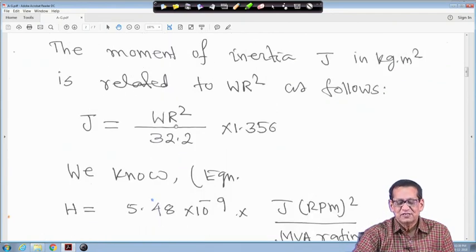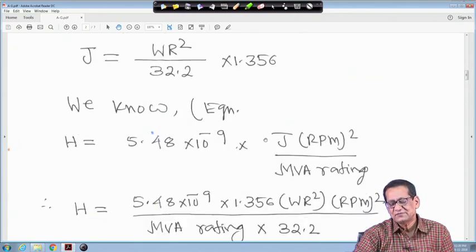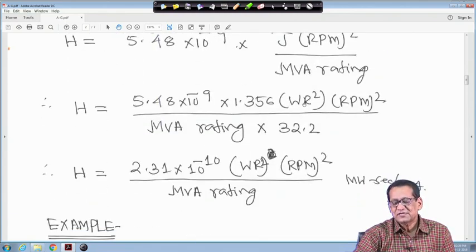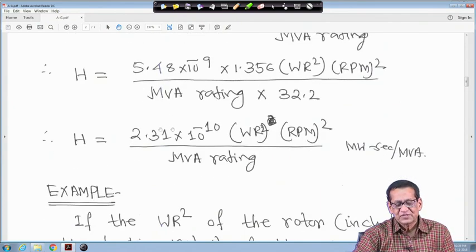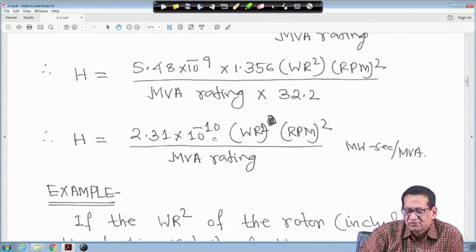Here we have made J equal to W r square by 32.2 into 1.356, and the rest is RPM square by MVA rating. So if you simplify, H will be 2.31 into 10 to the minus 10 W r square into RPM square divided by MVA rating, that is megawatt second per MVA.